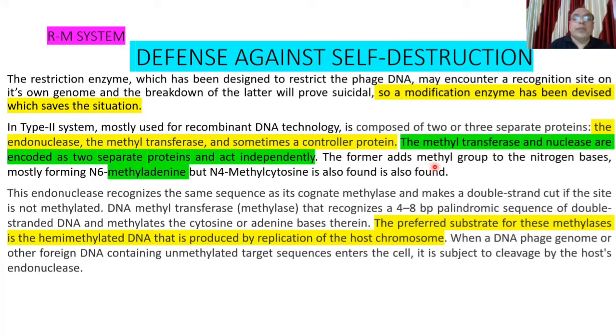The methyltransferase adds a methyl group to the nitrogen bases, mostly methyl adenine. Here it is also remarkable because in animals and plants, methylation of cytosine has been encountered widely, but here the common methylation is methyl adenine.